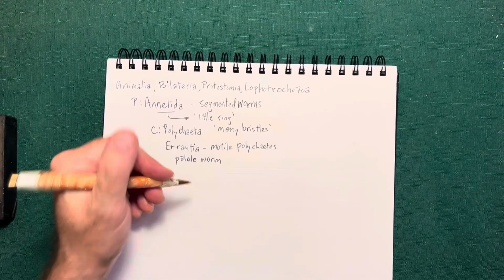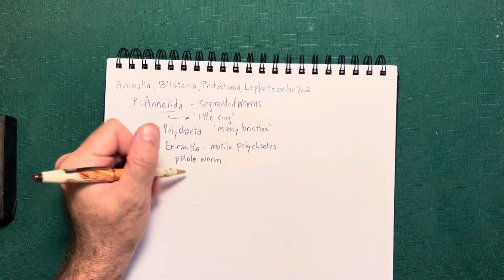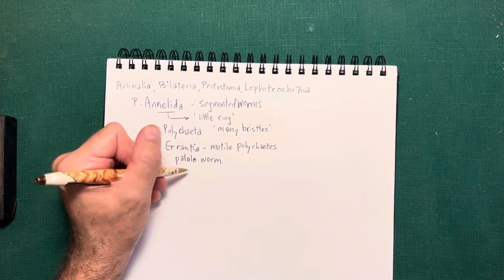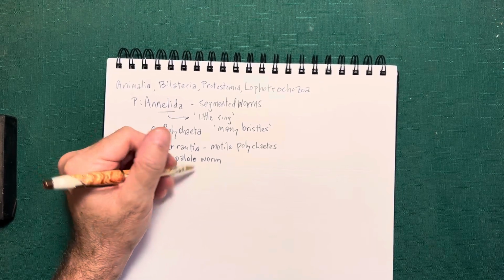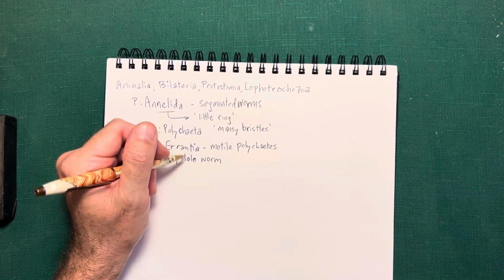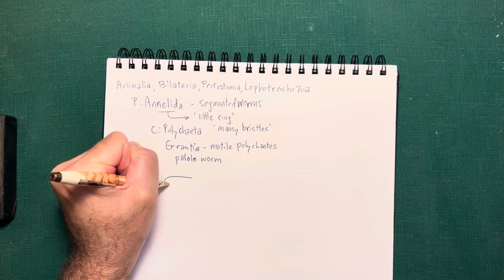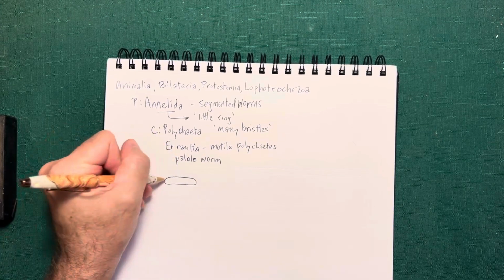All the Palolo worms come out, and it's their breeding time. And the humans know this, and so they will go out and they will collect the Palolo worms and eat them.